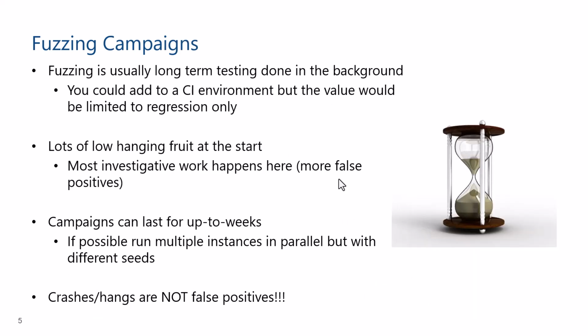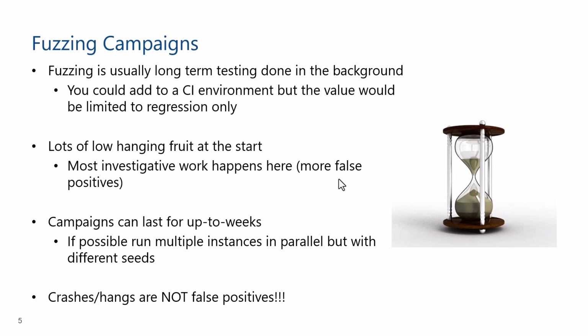I talked about fuzzing campaigns. Now, fuzzing is usually done long-term, and it's usually testing done in the background. I've heard people trying to put it into CI/CD environments, these continuous integration places, but the issue with that is fuzzing is usually randomized, it's long-term, and it can be quite resource intensive. That's usually what I recommend.